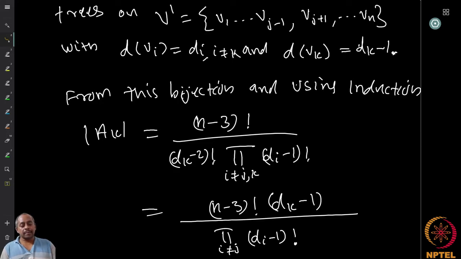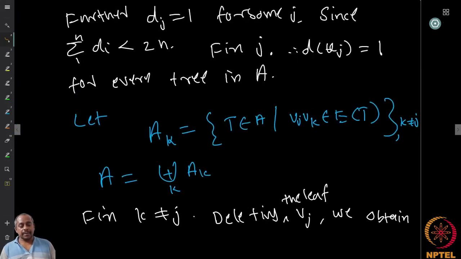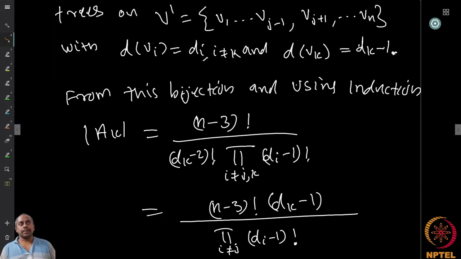Now we can see that there is a bijection between the trees A_k that we are looking at and the set of trees that we obtain by deleting the leaf, because we precisely have the same thing here except we removed one leaf.